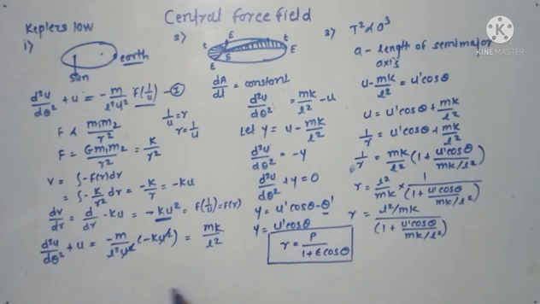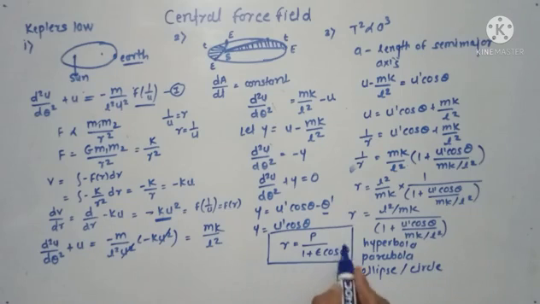So the conic section could be a hyperbola, or a parabola, or an ellipse, or a circle. This is the general equation for the conic section. It means that the particle which is entering the central force field will follow some conic section path.